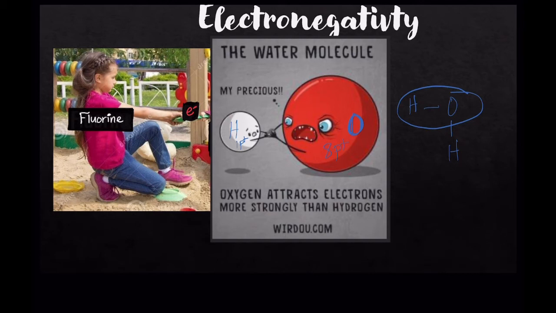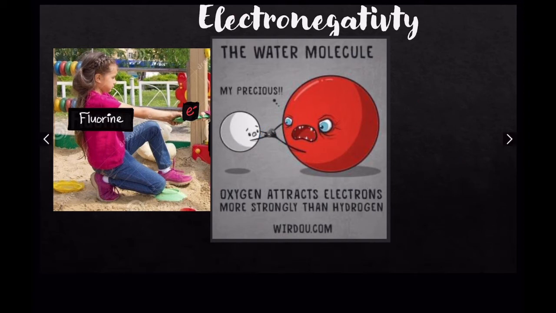So in this tug of war that's occurring between oxygen and hydrogen over the shared electrons, oxygen will be the one to possess the electron for a greater period of time, you could say, because oxygen is the more electronegative element in this bond.